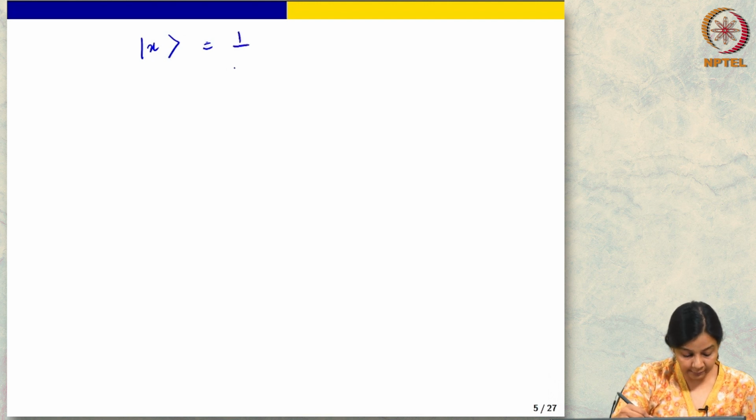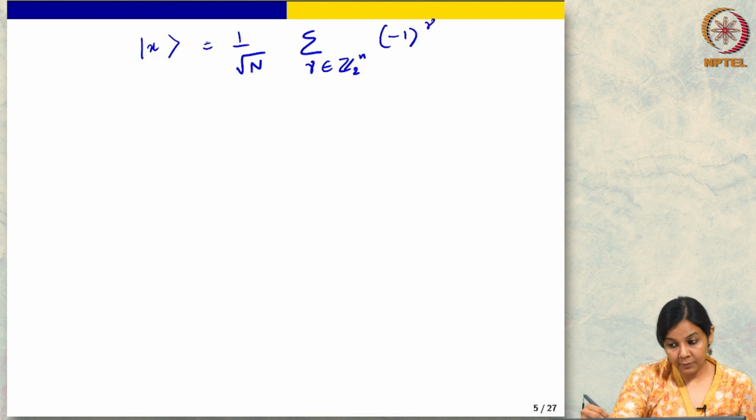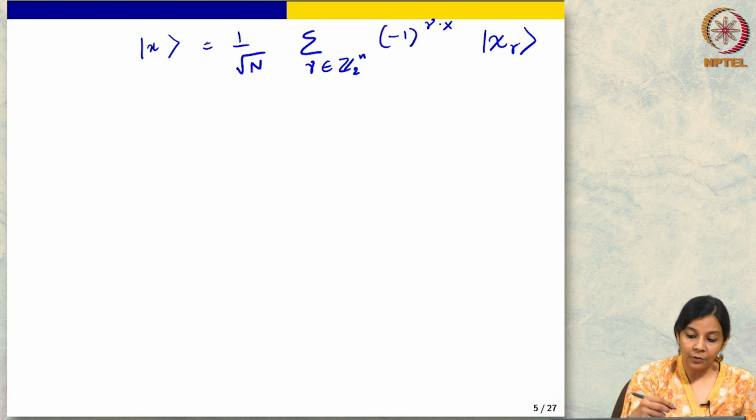I can write this |x> as 1 over square root n summation over gamma of minus 1 to the gamma x times chi gamma. I hope that everybody remembers this. Just for the sake of completeness, I can write |x> as a function.